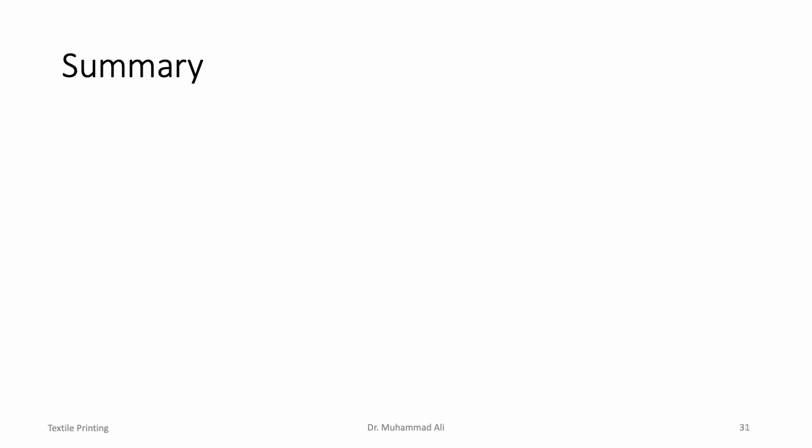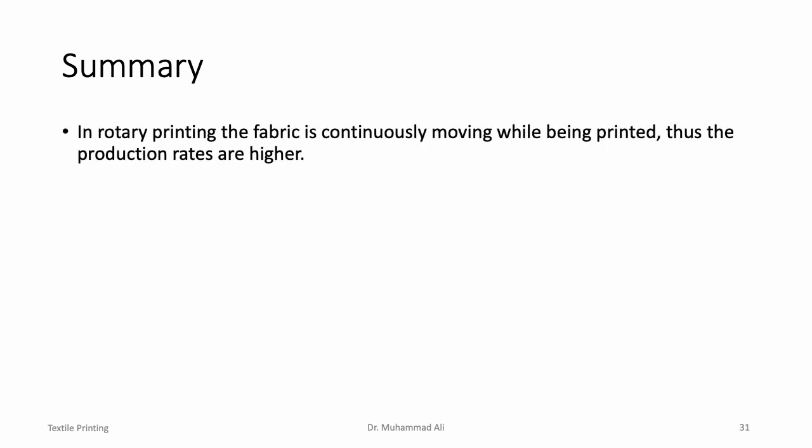Then we looked at rotary printing briefly, and the major difference to note at this stage is to understand that in rotary printing the fabric is continuously moving while being printed. This is not the case in any of the flat screen processes that we have discussed. And this is the reason why rotary screen printing process has generally higher production rates compared to any type of flat screen printing process.